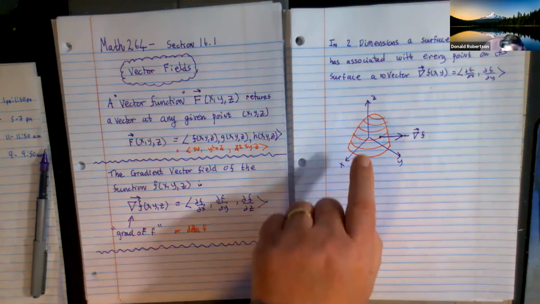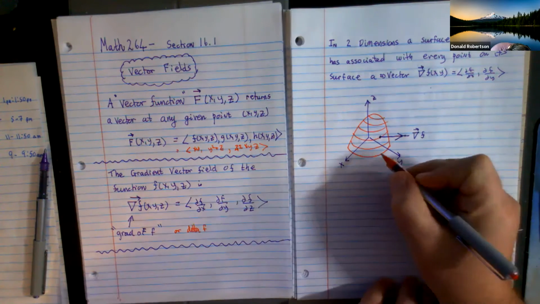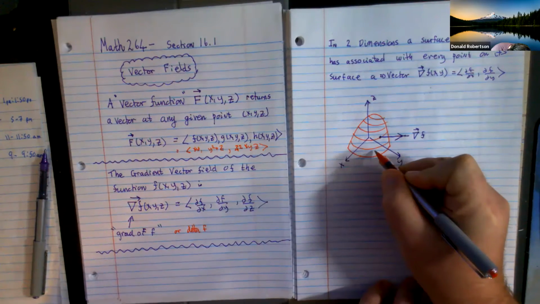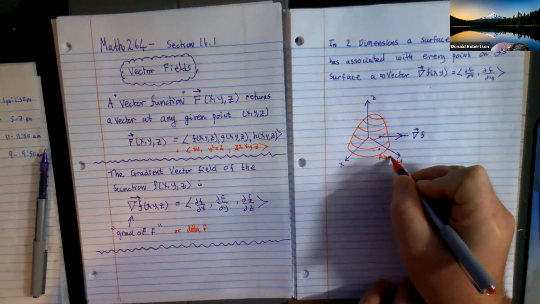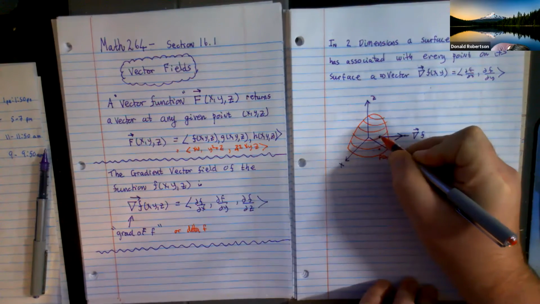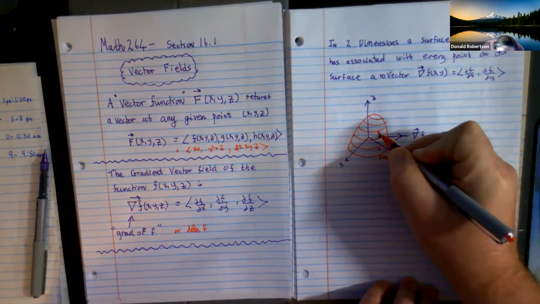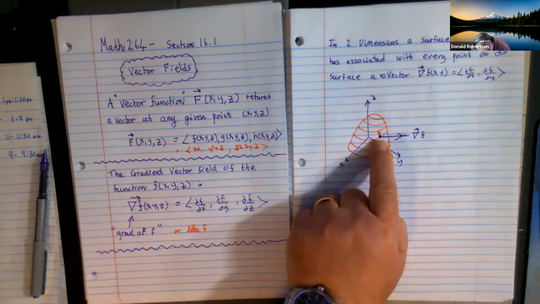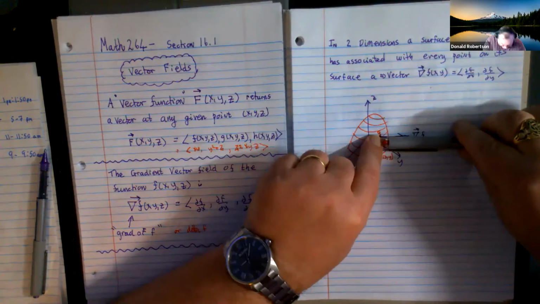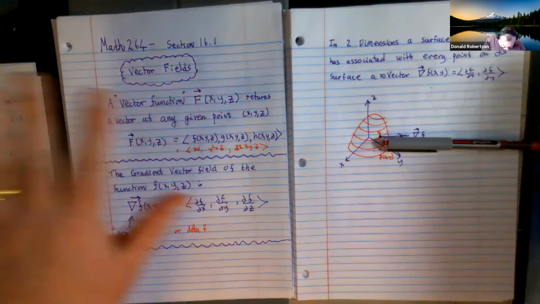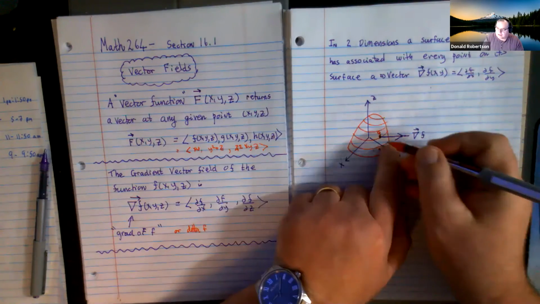So you choose any point on the bottom. Imagine some point here, P, with coordinates x, y. Now, if you go up, it hits the surface. I'll call it Q. This vector, if you imagine it flat to the surface, this is what gradient f looks like.